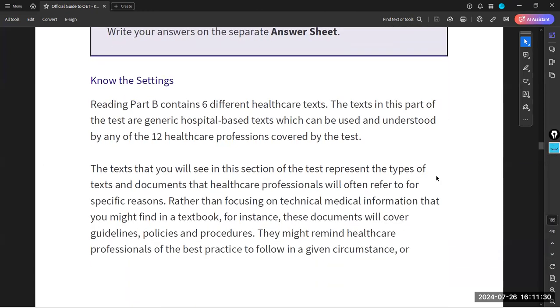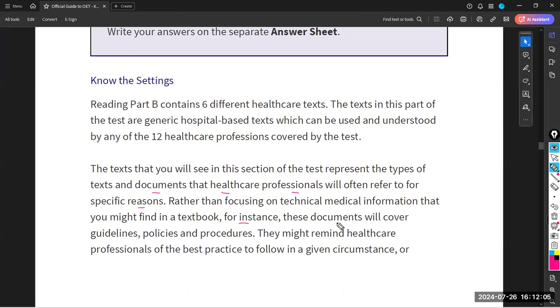Okay, now let's know the settings. Reading in part B contains, as I told you, 6 different texts. The texts that you will see in this section represent the types of texts and documents that healthcare professionals will refer to for specific reasons, rather than focusing on technical medical information that you might find in a textbook.